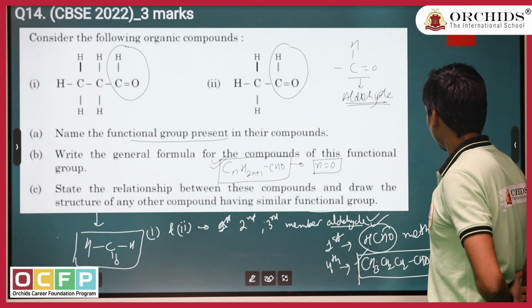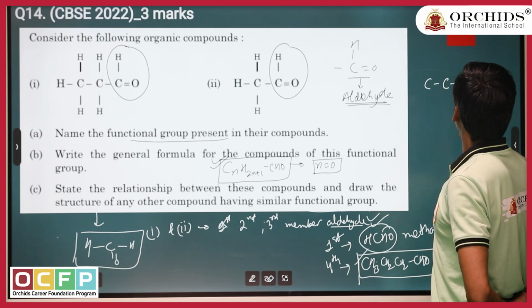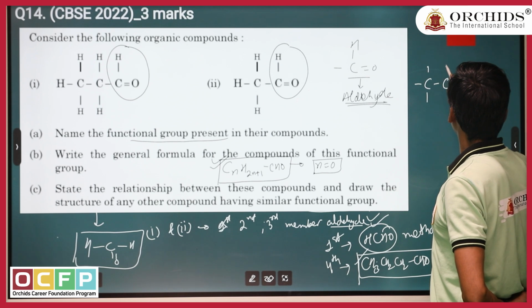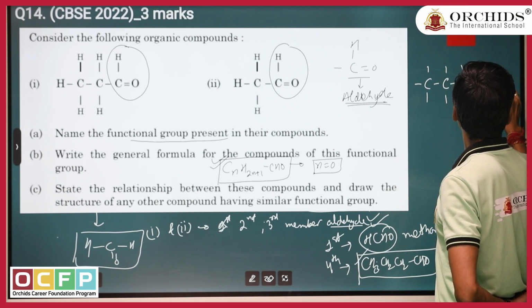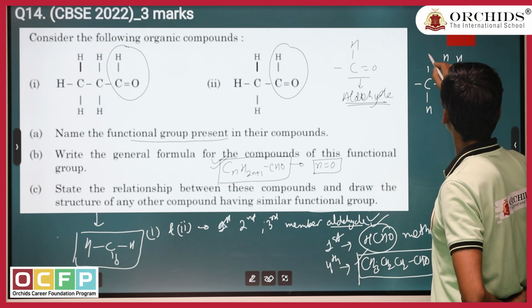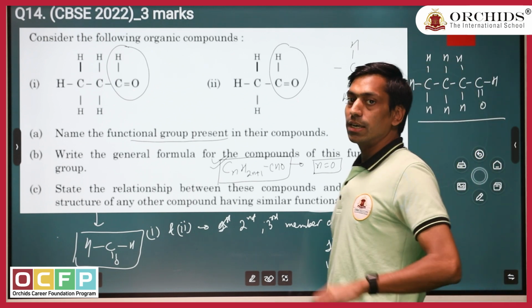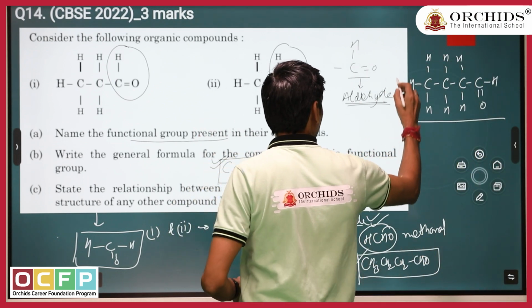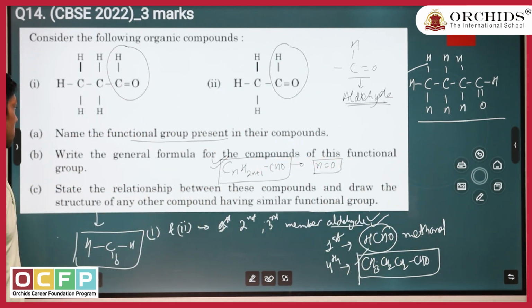If you want to write the structure for ethanol, propanol, butanol, carbon, carbon, all the remaining bonds will be taken by hydrogen, with the double bond to O and H. This is the structure of butanol. So any of the structures you can draw in this particular question. This is how a 3-mark question we have to attempt.